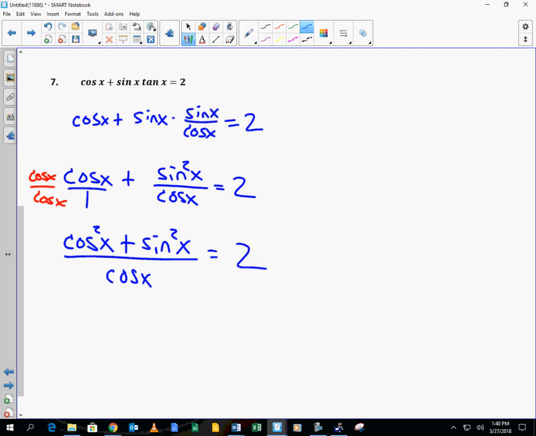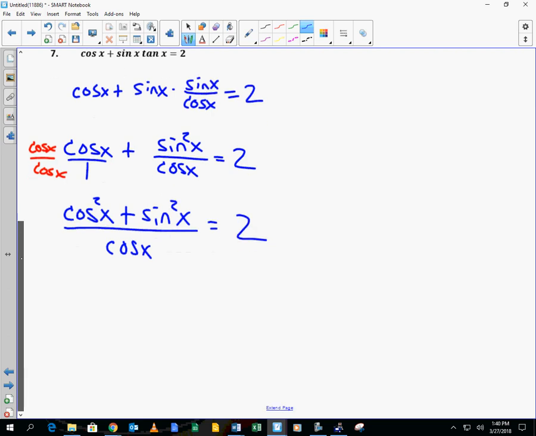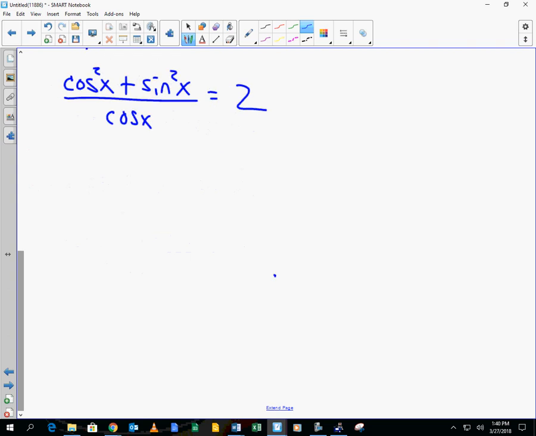All right, so you got cosine squared plus sine squared over cosine is equal to 2. You're okay with that? Okay, and then you said what? Okay, so we get 1 over cosine. Okay, so you chose to cross multiply.